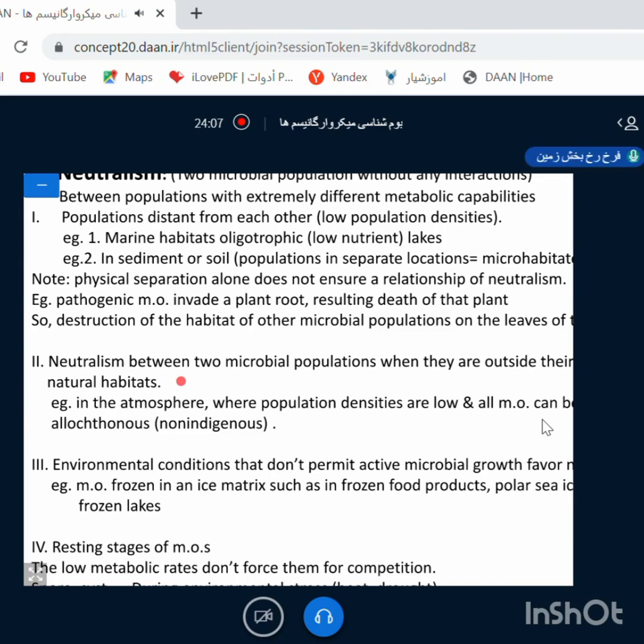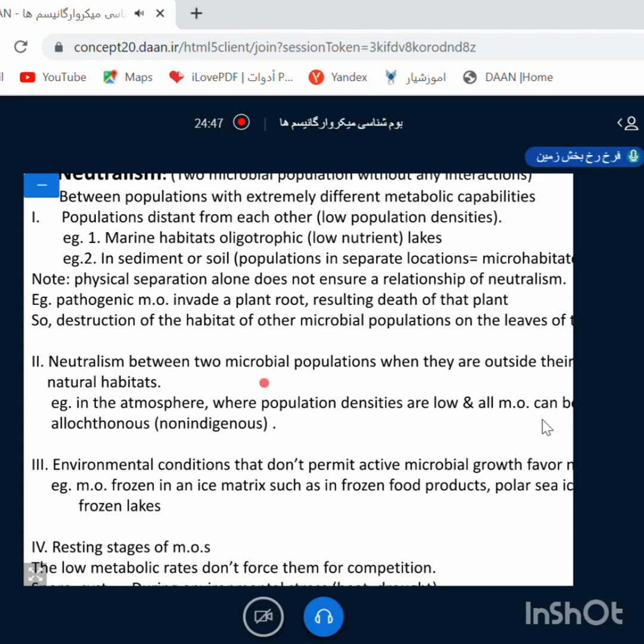Because when a microbe goes from soil to water, from water to soil, from salty water to fresh water, from fresh water to salty water, or from soil or water to air, its metabolism comes to the closest to zero. As metabolism becomes less and less, their interactions come close to neutralism.